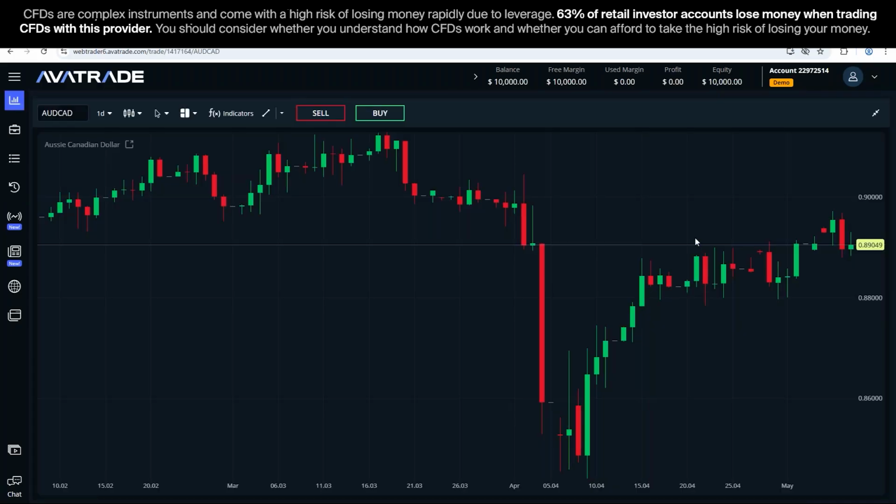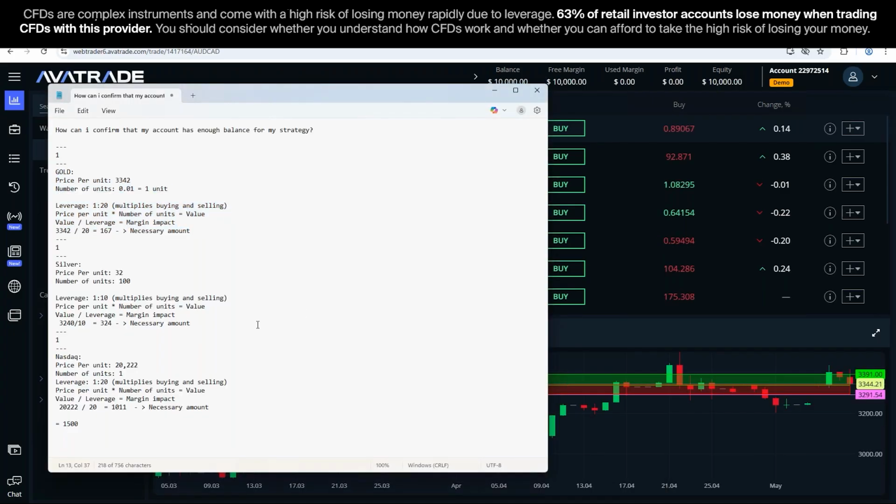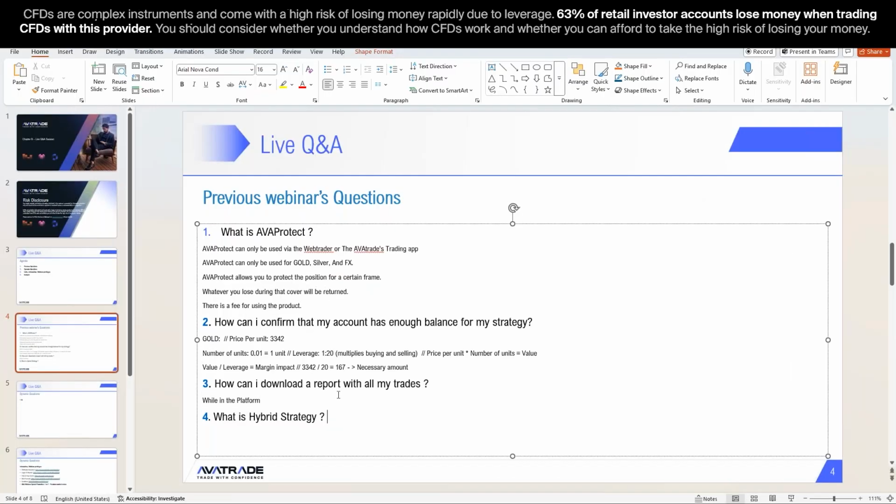Okay. So on MT4 and MT5, you can right click on your positions and then select export report, then select the desired format, whether it's Excel or whatever else you want.